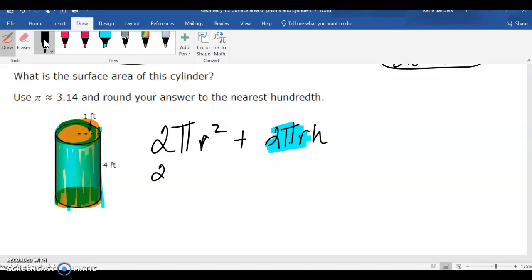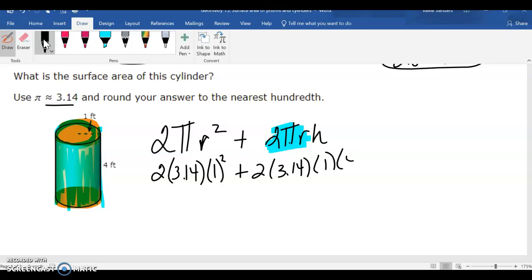So it says use 3.14, so I have to put that in. The radius is 1. The height is 4.